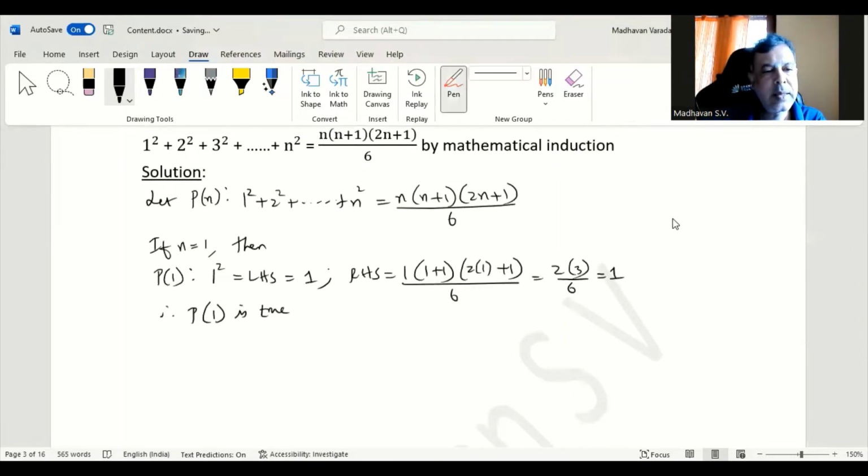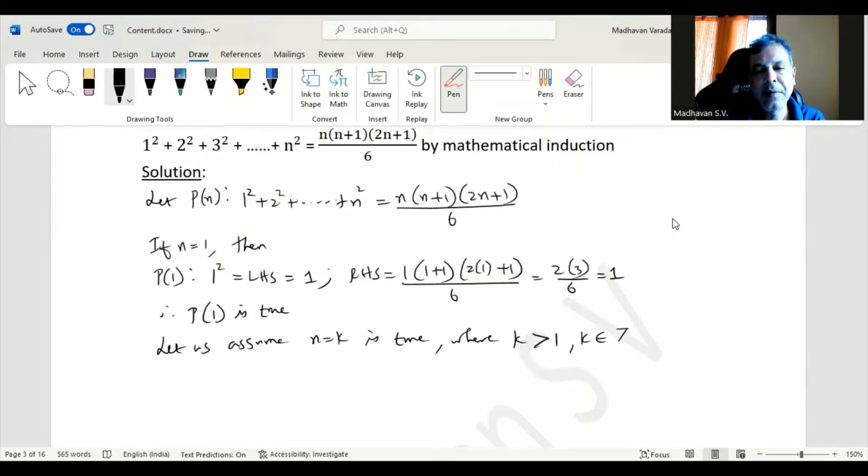Now, let us assume n equal to k is true, where k is an element of the positive integers, greater than 1.